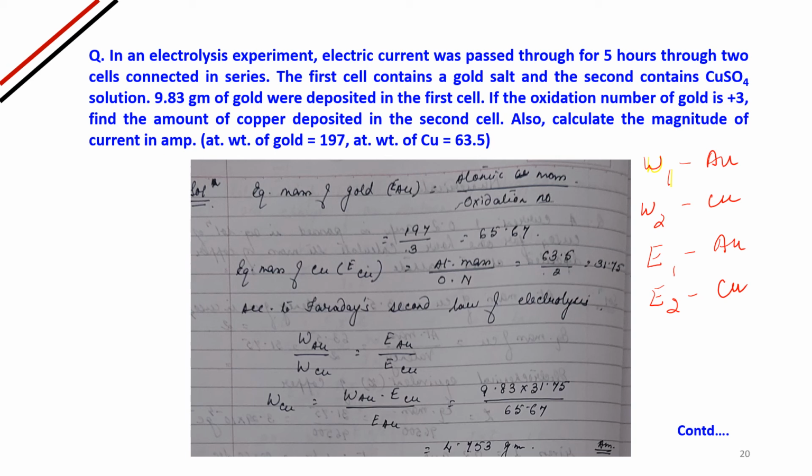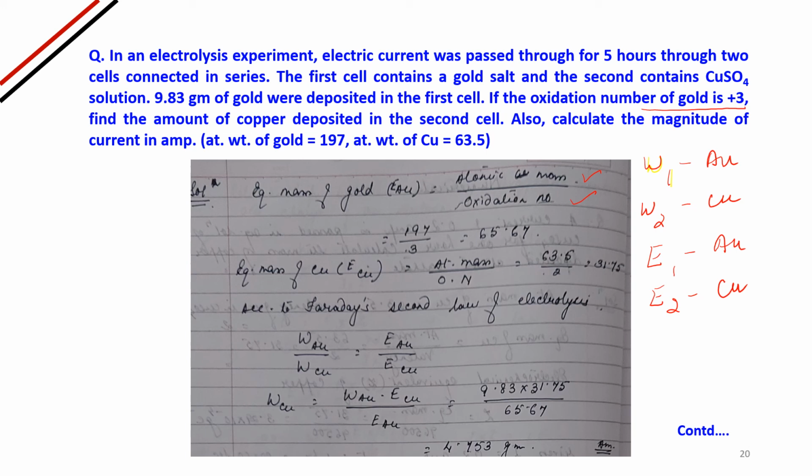So I have to find out E1 and E2, that is the equivalent mass of gold and equivalent mass of copper. So how to find out? Equivalent mass of gold can be found out as atomic mass of gold by oxidation number, because the oxidation number of gold is given as +3.